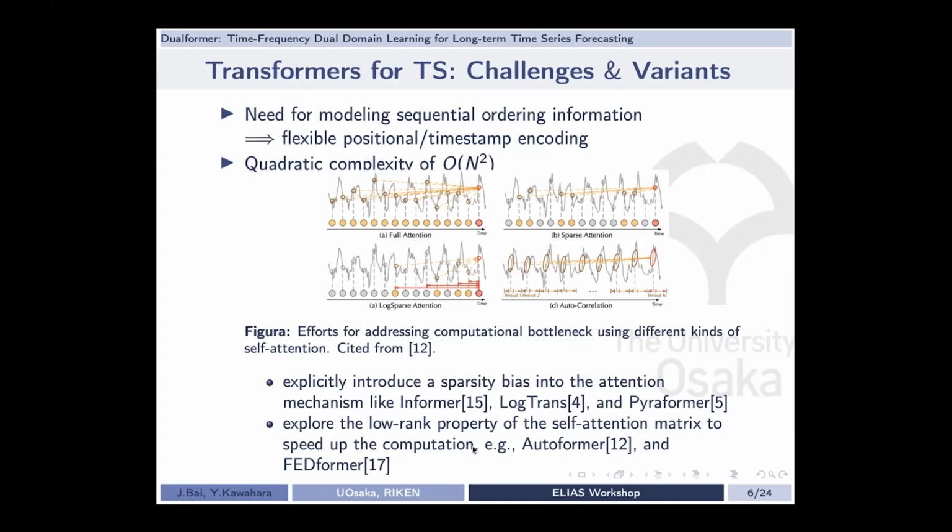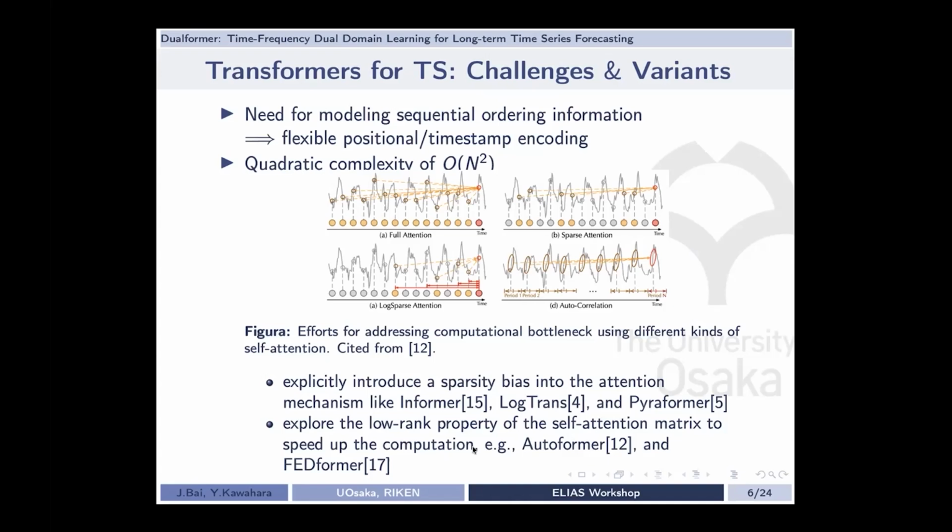Basically, in the vanilla transformer, we have to calculate the self-attention score between each pair of time steps. So it can be a complexity of O(n squared).